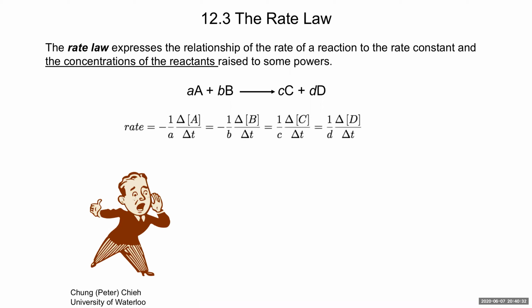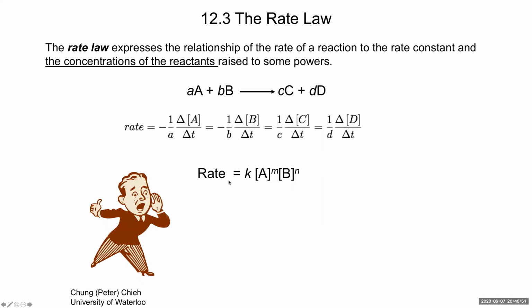But what does a rate law look like? The rate law is also related to the rate. Up here we have expressions for the rate. The rate is proportional to the concentration. We talked about that previously.